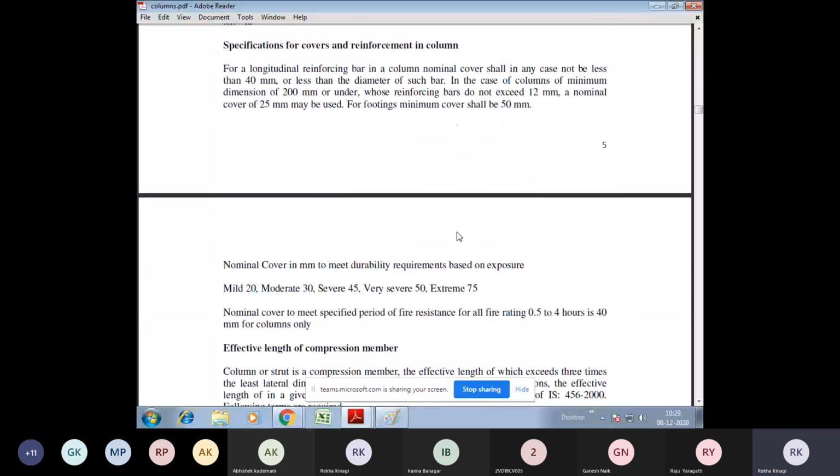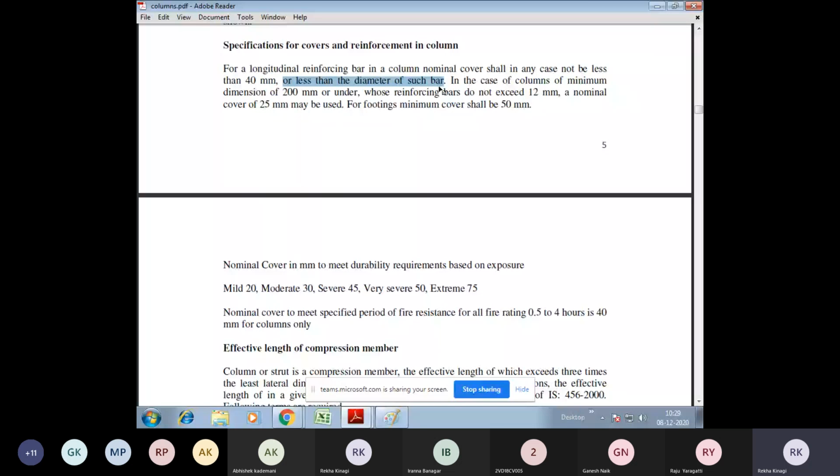Okay, now considering the specification for covers and the reinforcement in a column. For a longitudinal reinforcing bar in a column, the nominal cover shall in any case not be less than 40 mm, or less than the diameter of such bar.